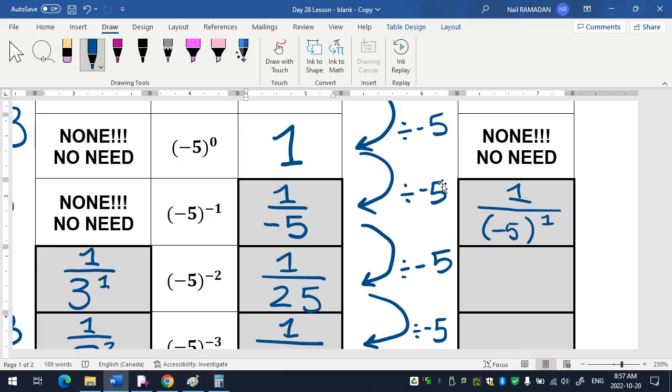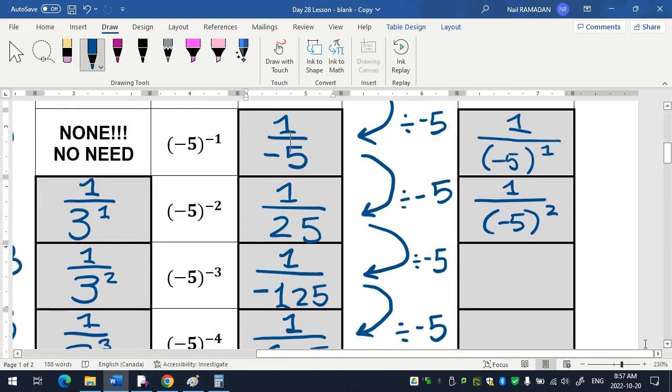Because anything to one is just the thing itself. Okay. How many people agree that this one right here is true? Raise your hand if you say yes. Because negative 5 squared is just what?